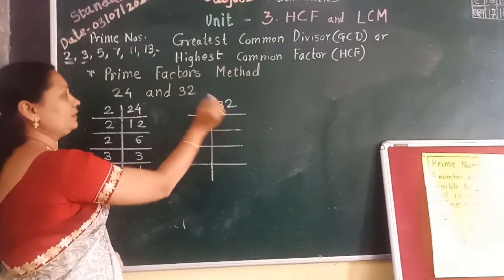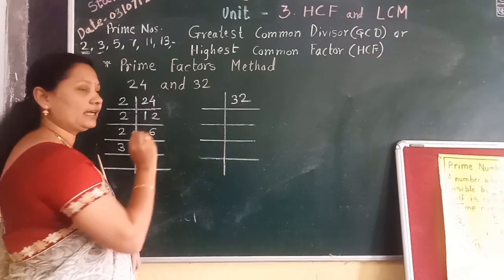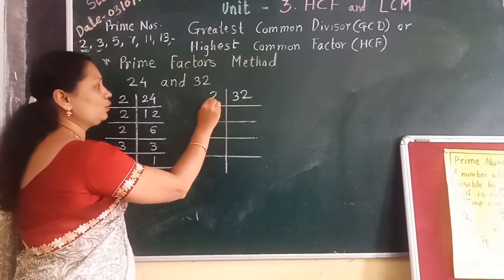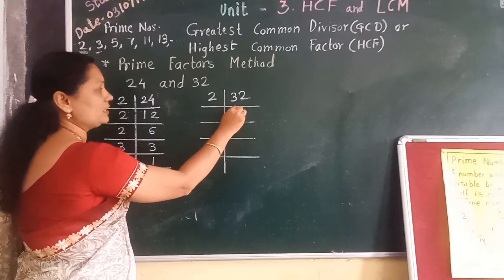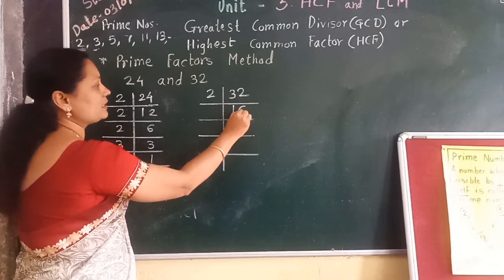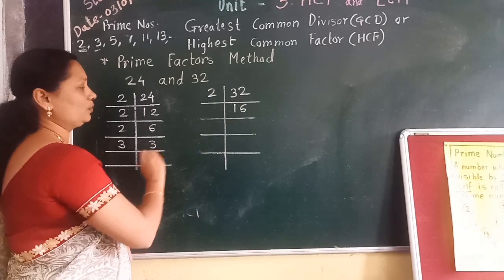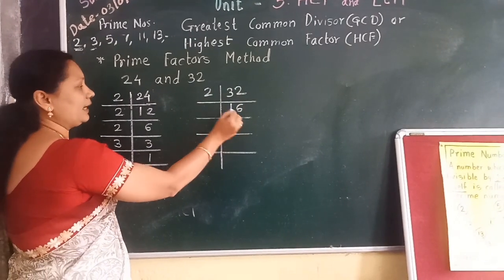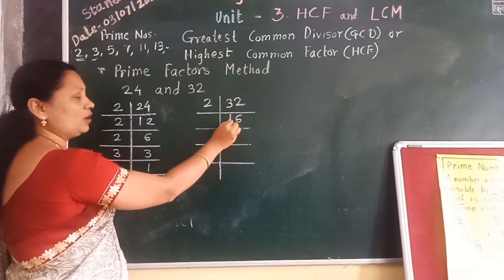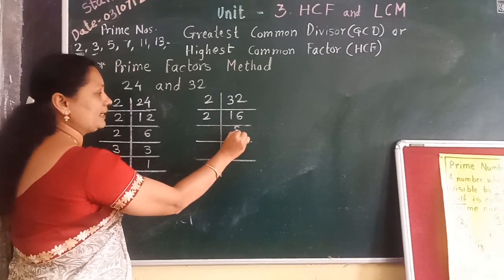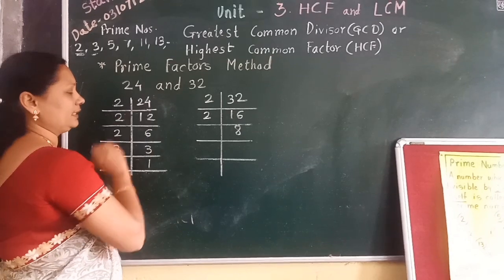Now the factors of 32. 32 is an even number, so it is divisible by 2. 2 16s are 32. Again, 16 is also an even number, so it is divisible by 2. 2 8s are 16.